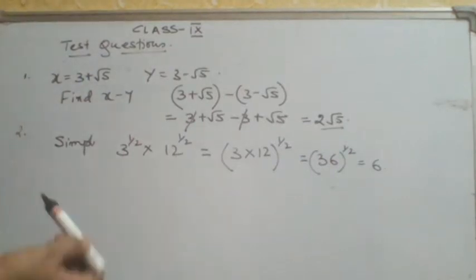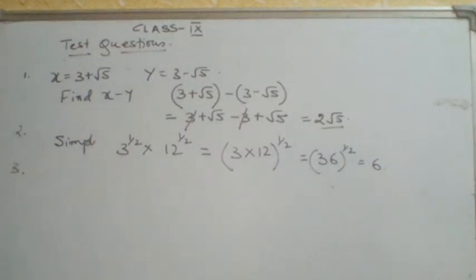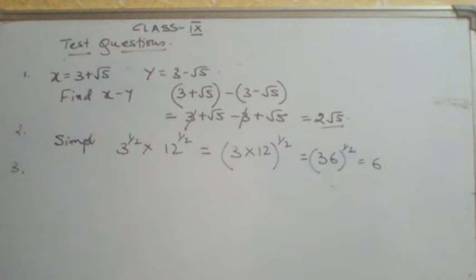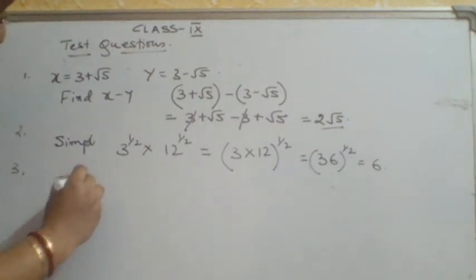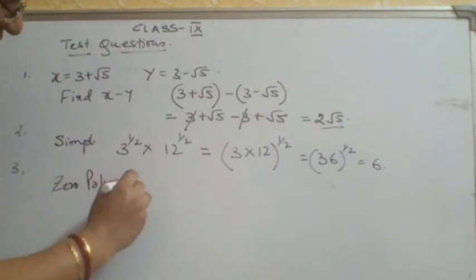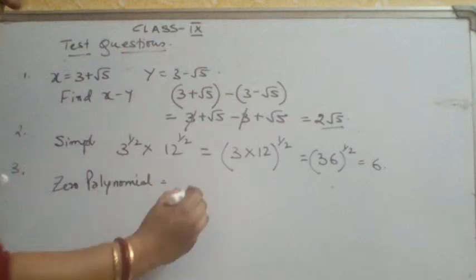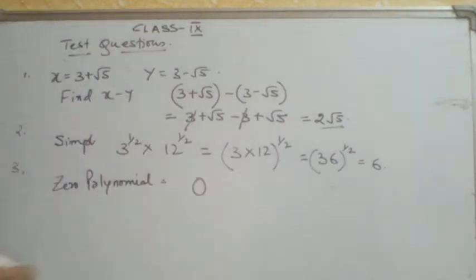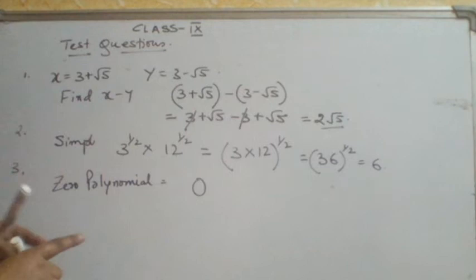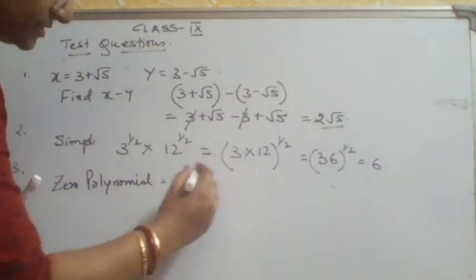Now the third one is the degree of zero polynomial. I have explained this to you. See, zero is a polynomial; there are constant polynomials and the zero polynomial. In the zero polynomial, there is no variable.